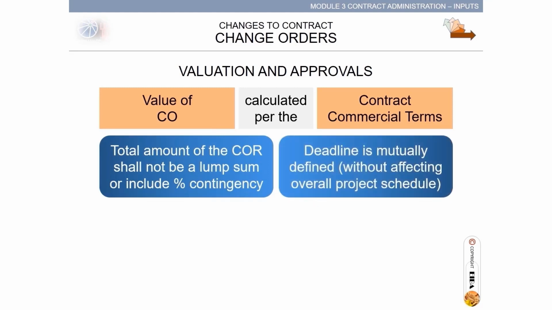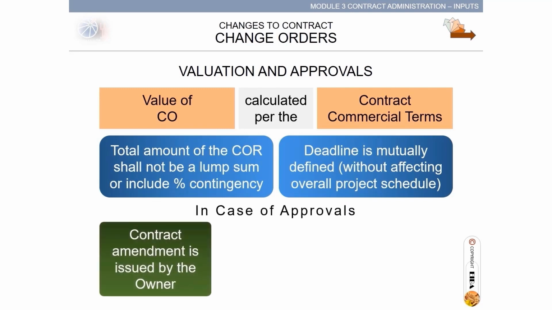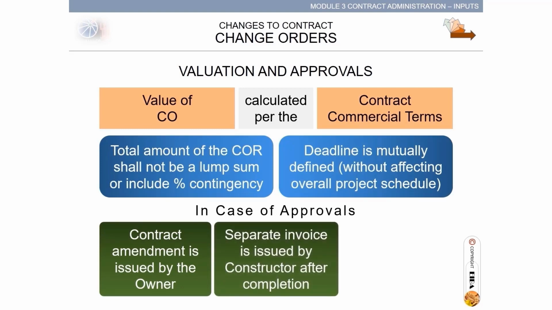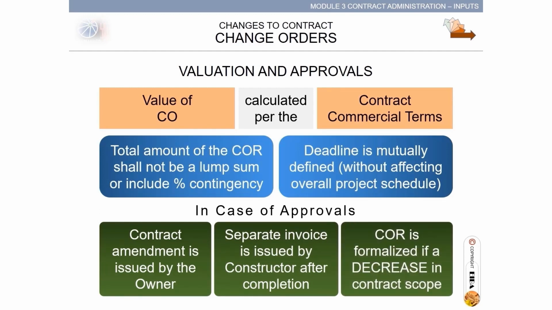Deadline is mutually defined without affecting overall project schedule. In case of approvals, contract amendment is issued by the owner. Separate invoice is issued by constructor after completion for proper tracking. NCOR is formalized if a decrease in contract scope.